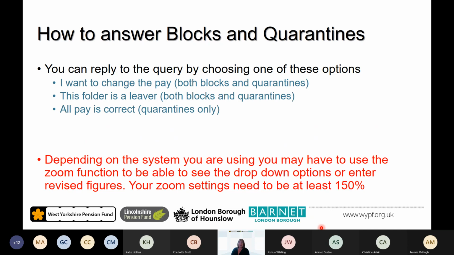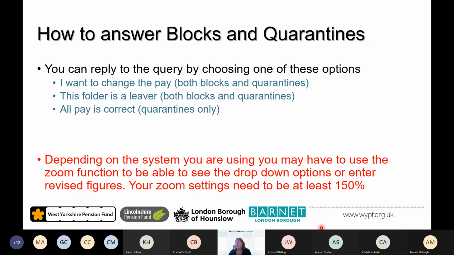Now, when you come to actually answering the blocks and quarantines, you need to choose one of the 3 options, or maybe 2 options. If the pay is wrong, or we've got multiple versions of the pay, you need to go in and say, I want to change the pay.